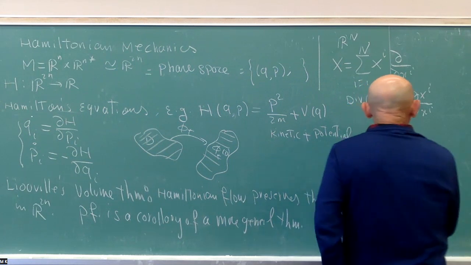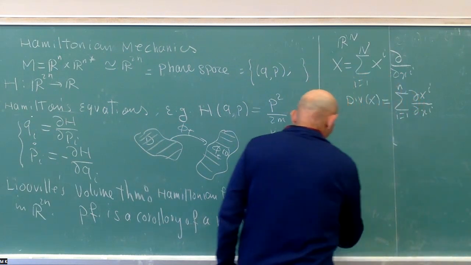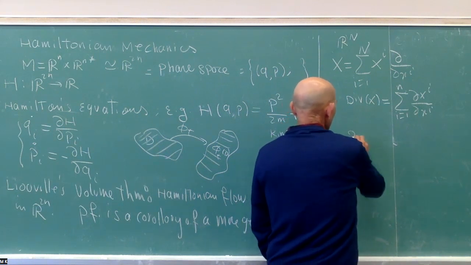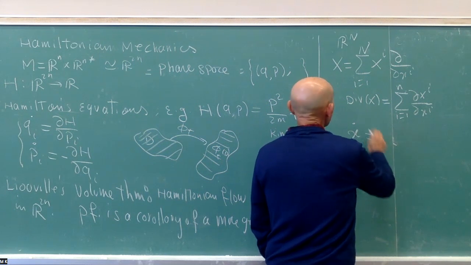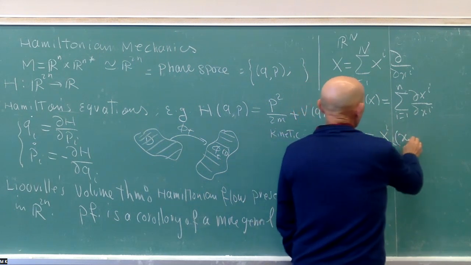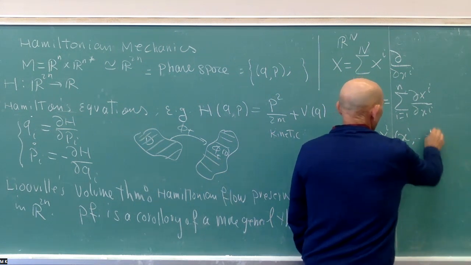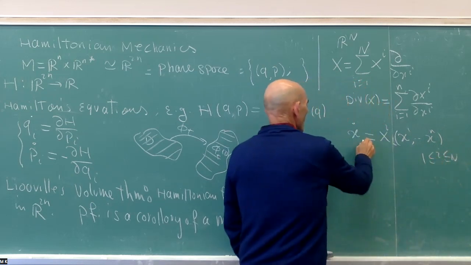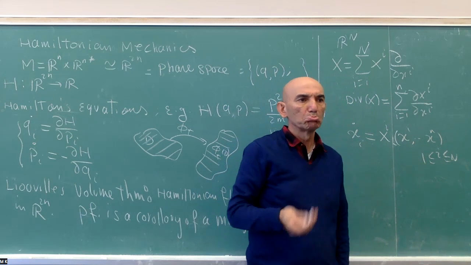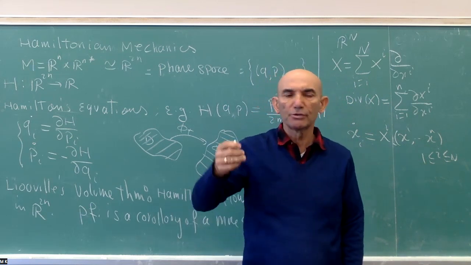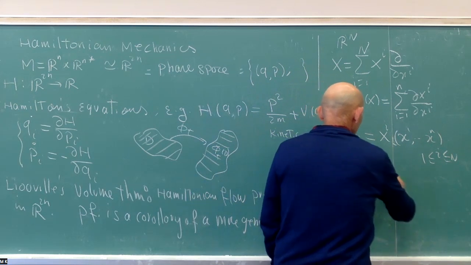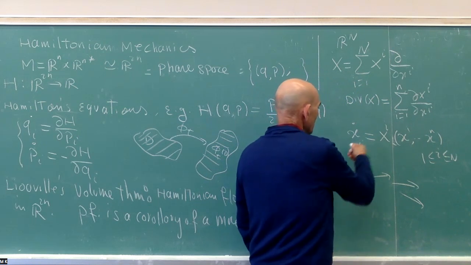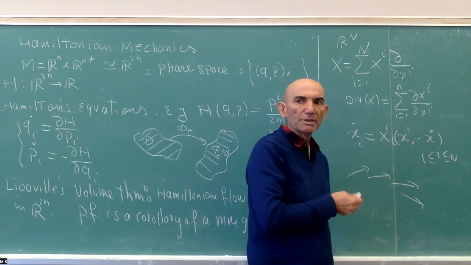Okay, now we can do another thing with this vector field. We can define a differential equation using this vector field. The differential equation is x_i dot equals X_i of x_1 through x_n, i between 1 and n. So this is an autonomous first order differential equation. The vector field in R^n defines this differential equation, and this equation is locally solvable.